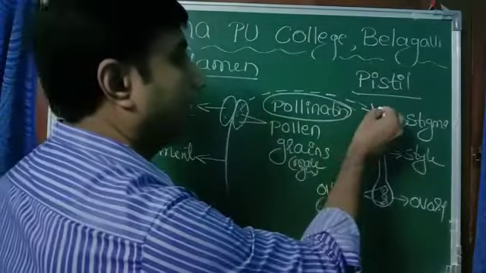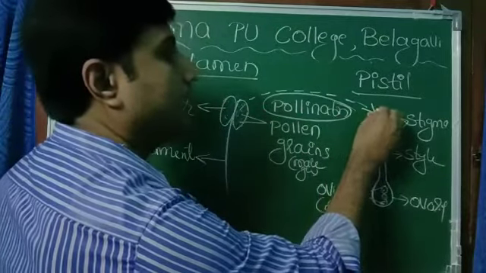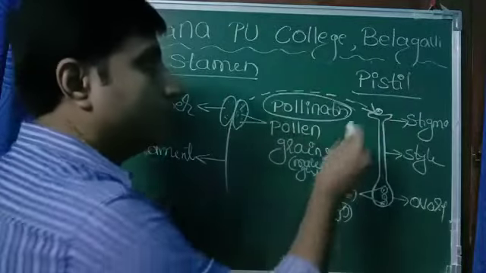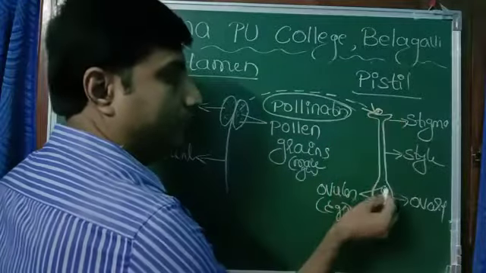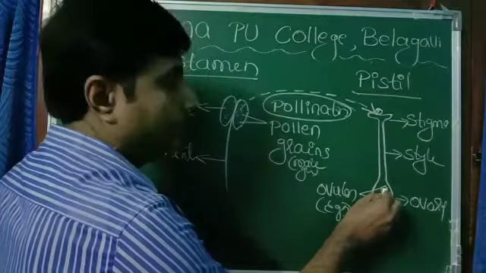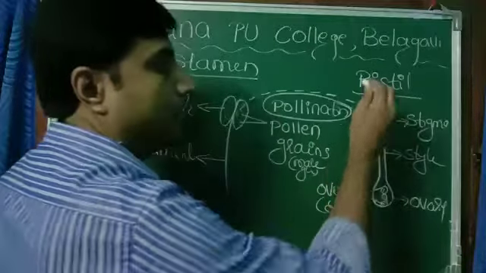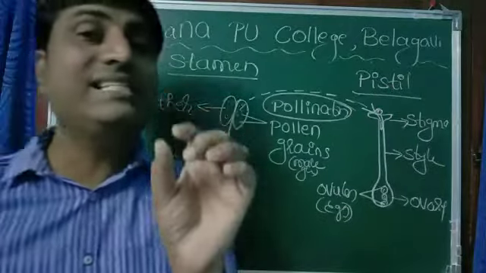Once the pollen grain falls on the stigma, the male gametes are here and the female gamete is here. Now this pollen grain germinates, just as a seed germinates.